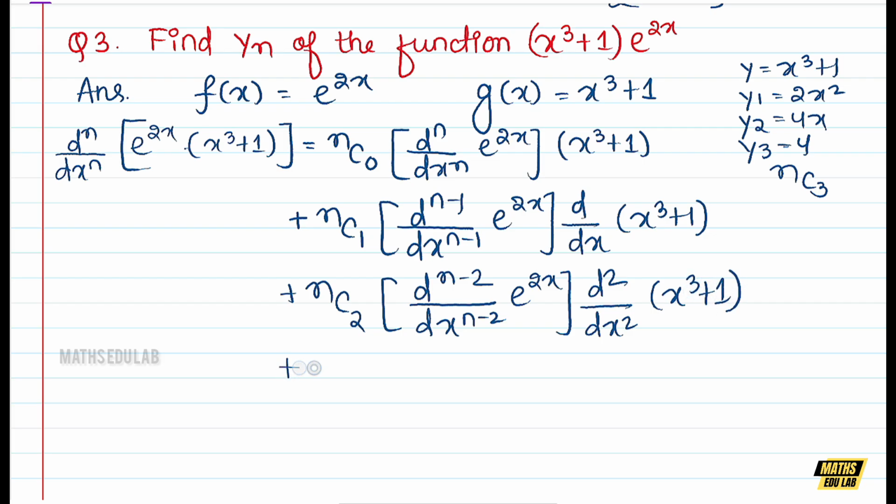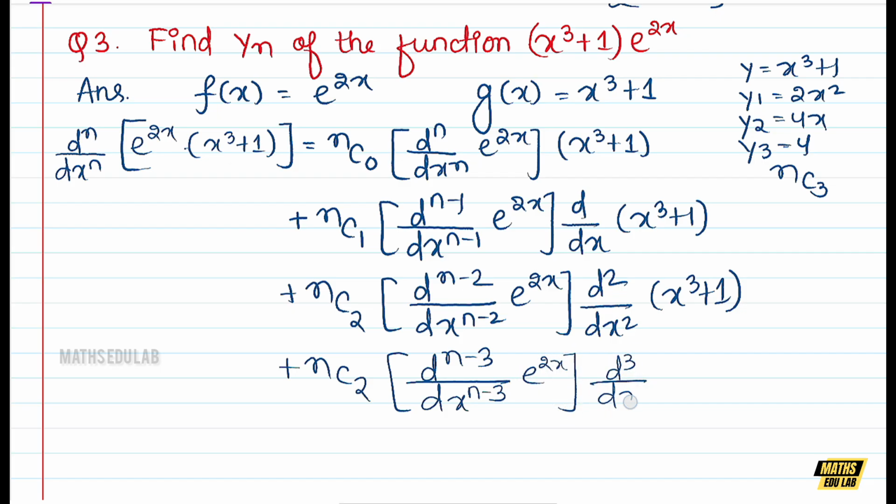Again in the next step, nC3, d^(n-3) by dx^(n-3) of e to the power of 2x, times d cube by dx cube of x cube plus 1. So this is the Leibniz theorem.